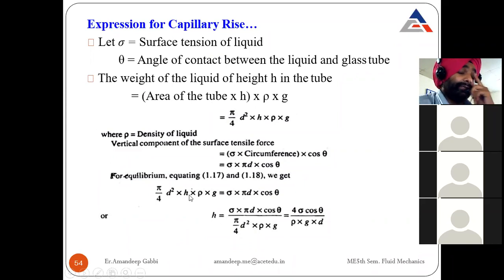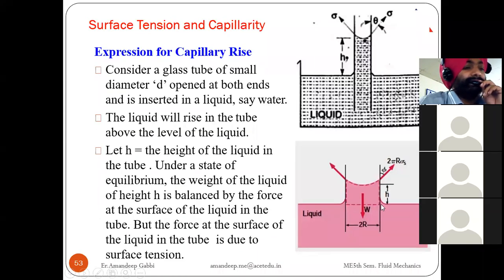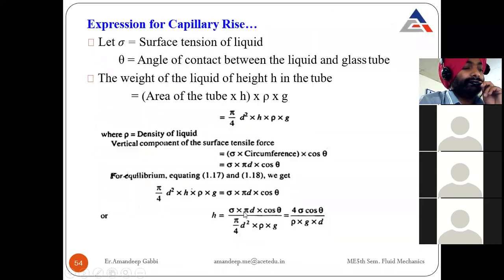Balancing it with the weight, the height up to which the liquid rises in the capillary tube is h equal to sigma into pi d into cos theta divided by pi by 4 d square into rho g. You can calculate this.